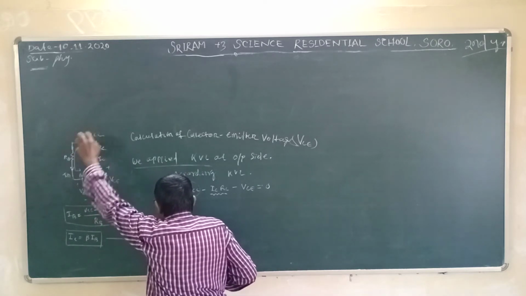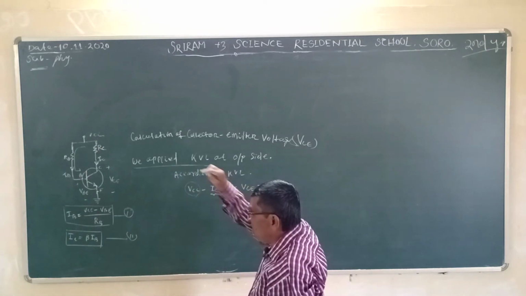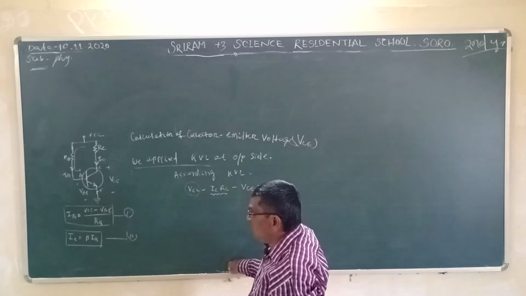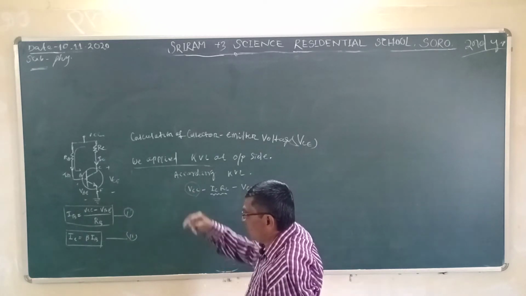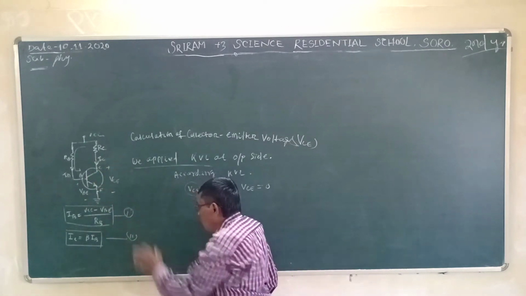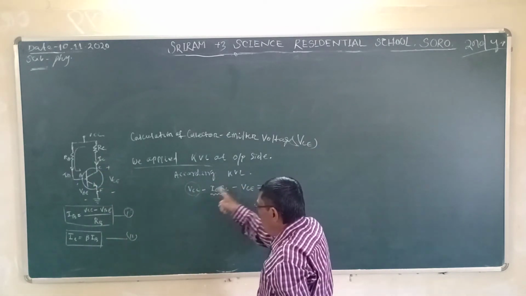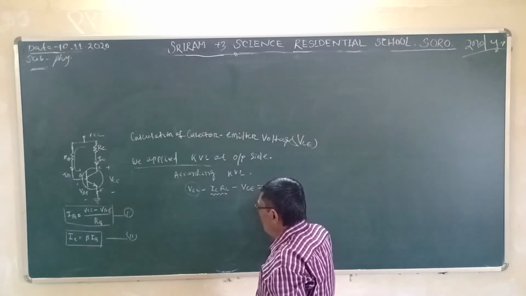When we apply the voltage VCC, the outer circuit has the drop voltage IC RC, and the junction drop voltage is VCE. Now according to KVL, VCC minus IC RC minus VCE equal to 0.